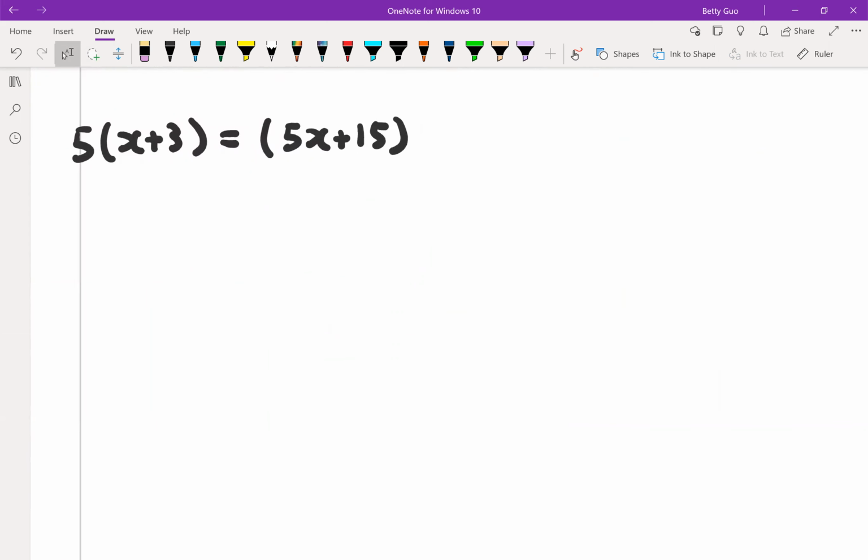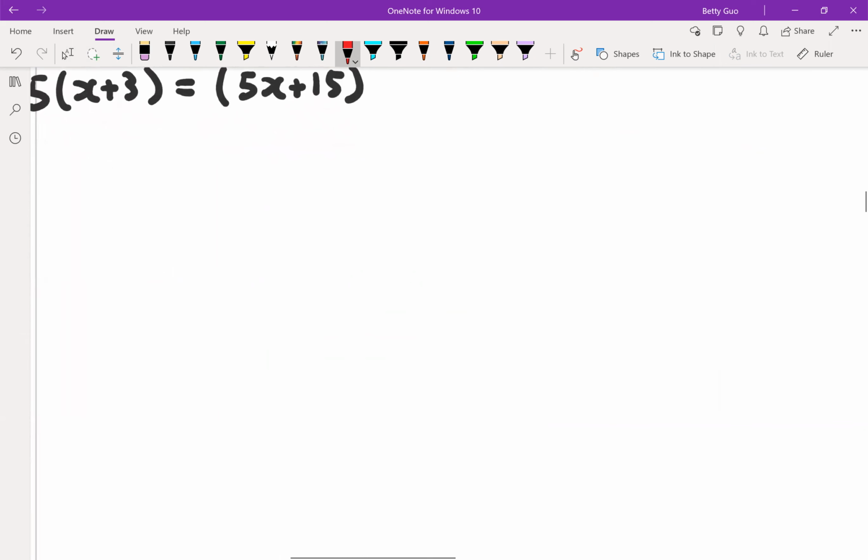There are 2 parentheses. In chapter 1, we learned a property. We can use the property to remove the parentheses. The property is called the distributive property.